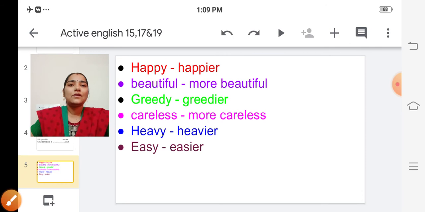Yes. Here they have given some set of words. Happy, happier. Beautiful, more beautiful. Next one is greedy, greedier.